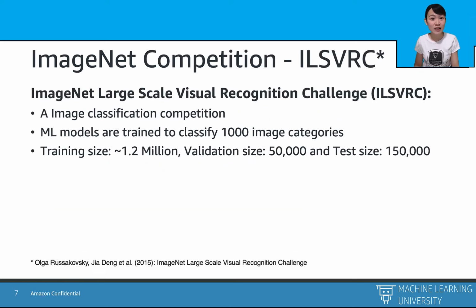Well, ImageNet also drives a competition for visual recognition, the ImageNet Large-Scale Visual Recognition Challenge. It is an online challenge globally, started from 2010. It only uses a subset of the whole ImageNet dataset with 1,000 categories. There are 1.2 million images for training, 50K for validation, and 150K for testing.